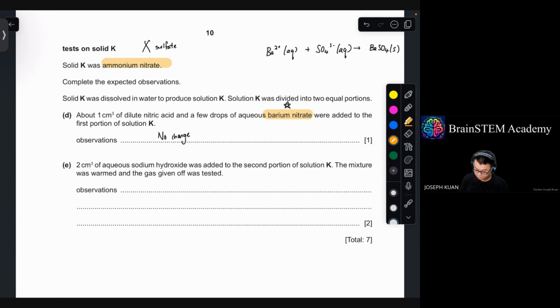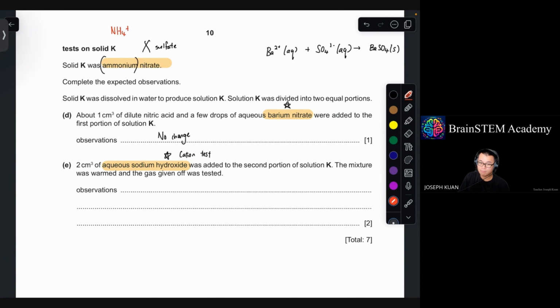So when you see the words aqueous sodium hydroxide, you should think of cation test. So it's testing for the cation, which in this case, ammonium ion is present.